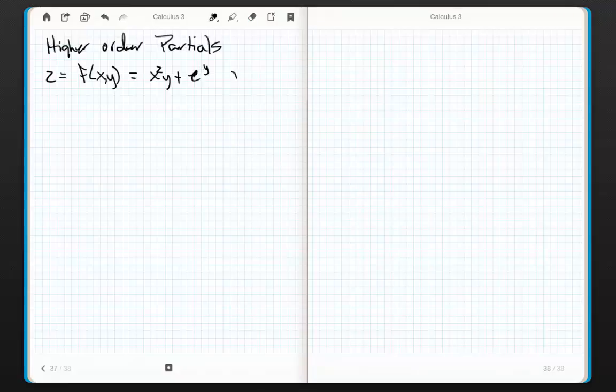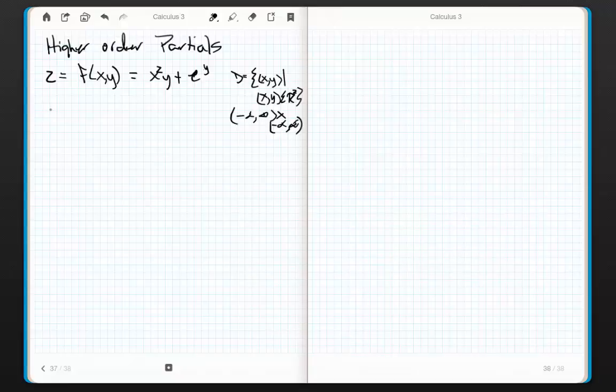Well, hopefully you see that the domain is equal to, if we want to be really fancy, the set of all x, y such that x, y is in R2. In other words, it's all reals. Remember, we could also write this as negative infinity to infinity cross negative infinity to infinity, which means hand me any x, any y, and I can stuff it into this function, and I will get a value out.